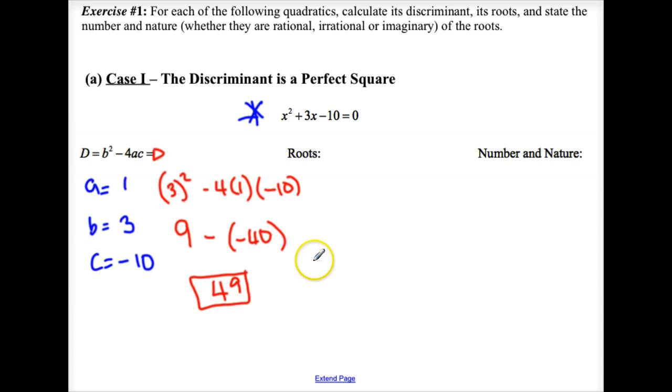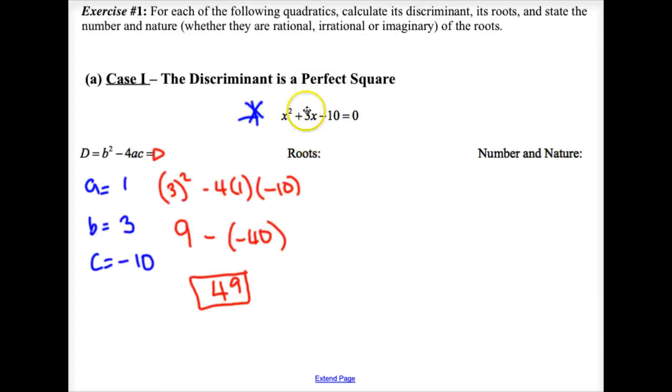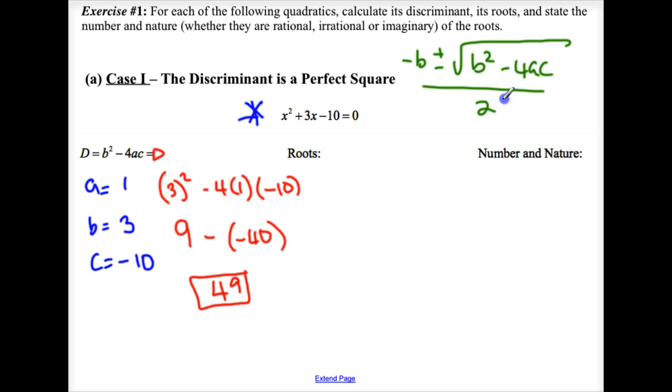So remember your quadratic formula, you already have everything here. Minus b plus or minus the square root of b squared minus 4ac all over 2a. So what we want to do now is use this to find the roots. So again, I'm just going to put the formula here. Minus b plus or minus the square root of b squared minus 4ac over 2a.